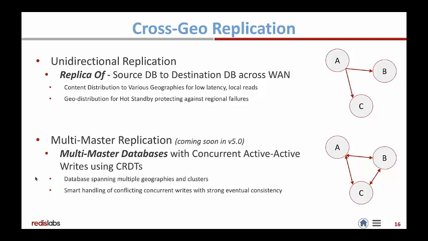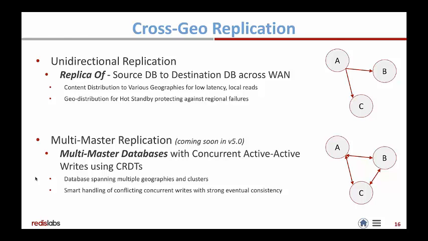We use a capability that allows us to do concurrent active-active writes across these sites and still be smart about resolving the write conflicts. They're managed by a technology called CRDT. It stands for conflict-free replicated data types.